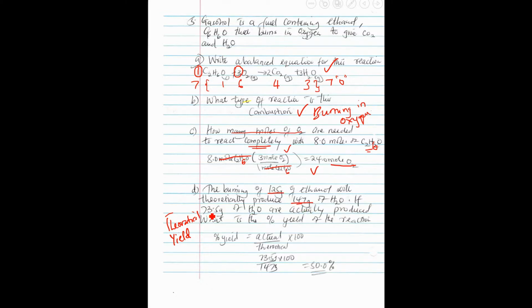So if 73.5 grams of water is actually produced, what's the percent yield? 73.5 is actually what you got from the experiment, so it's called actual. Like I said, theoretical yield is what's expected to be obtained if nothing goes wrong in the experiment. So the formula is percentage yield is actual, what you got in the lab, over what you expected to get, times 100. That turns out to be 50% yield.